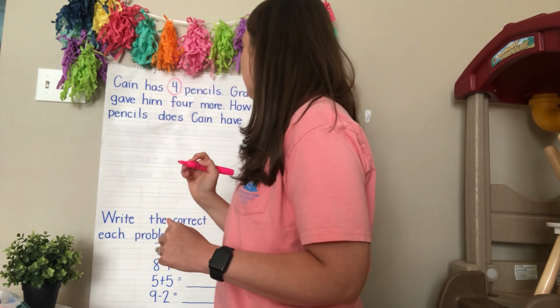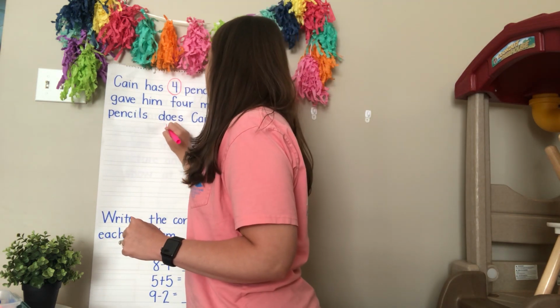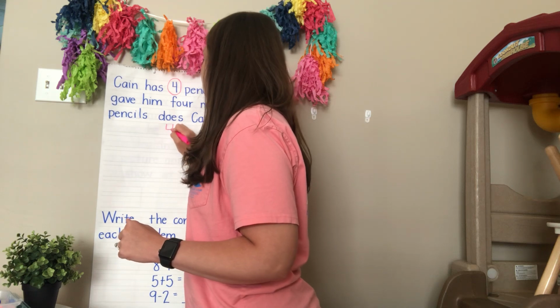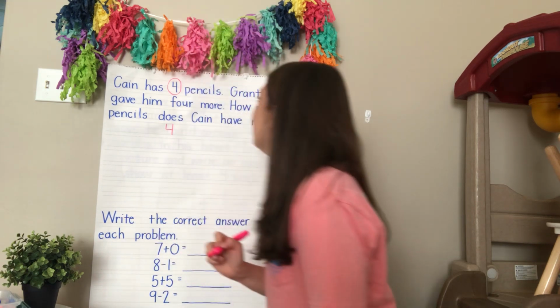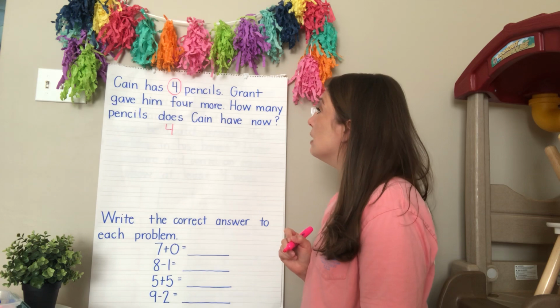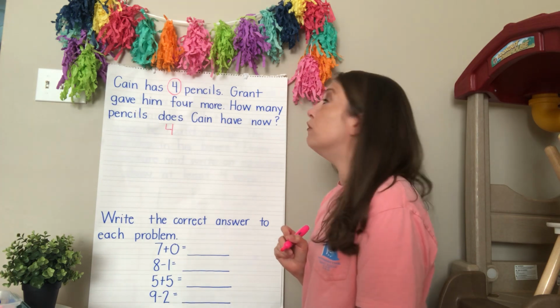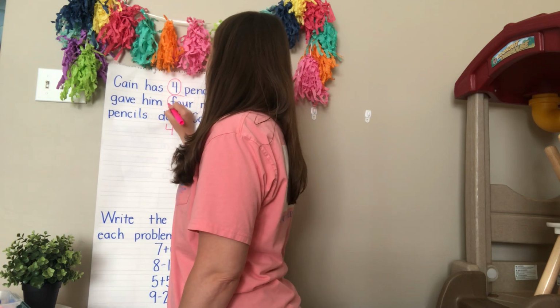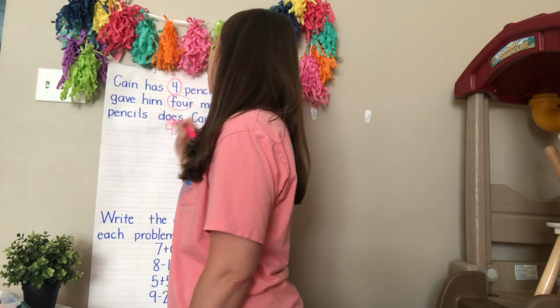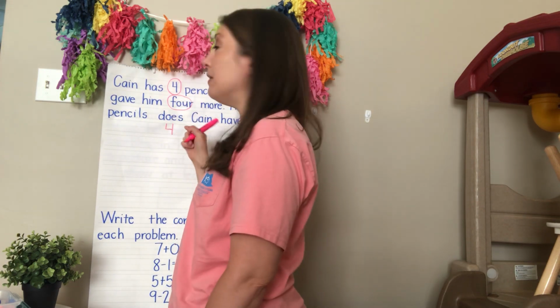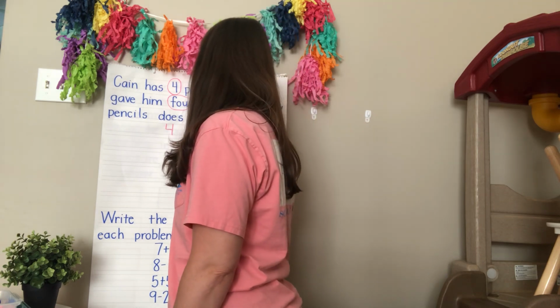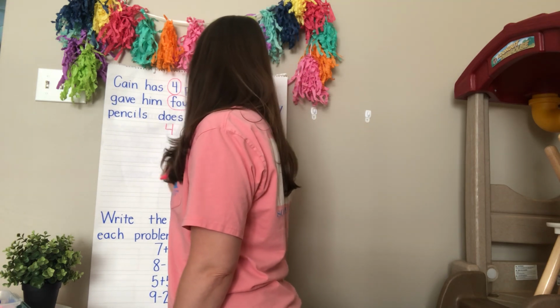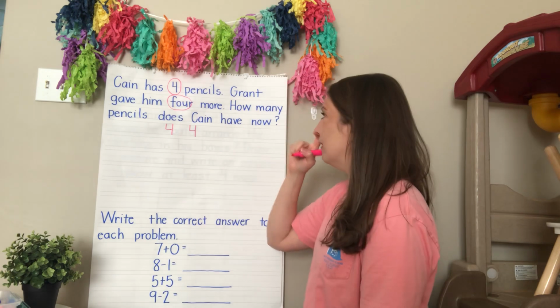So I'm going to circle the 4, and I'm going to write it right here, 4. Cain has 4 pencils. Grant gave him 4 more. So there's the number 4 again, but this time they wrote the word. That is also important information that I need to know. So I'm going to write the number 4 right there.